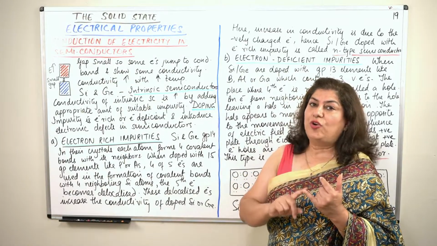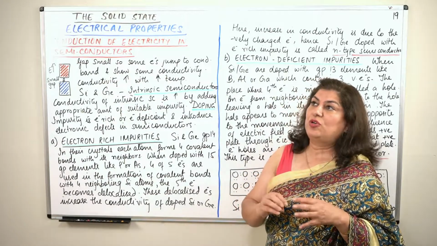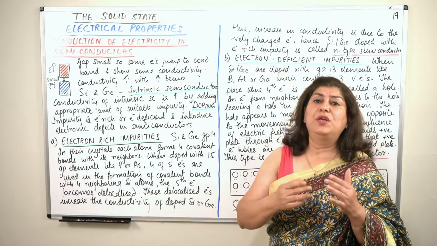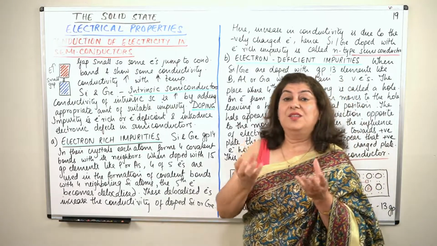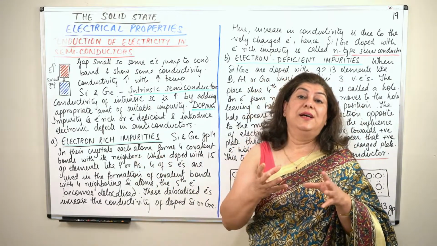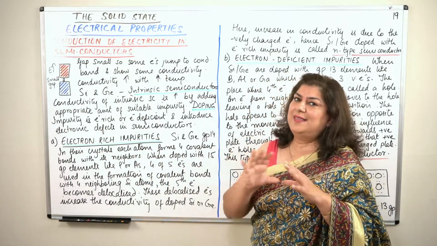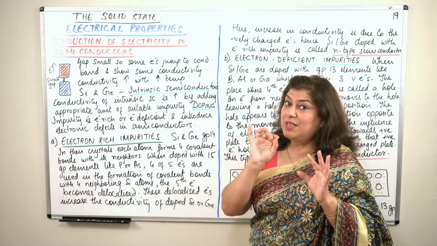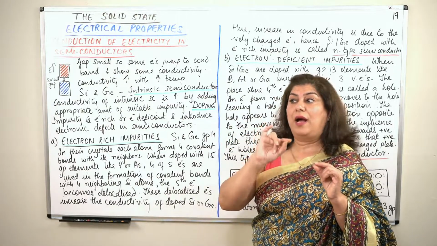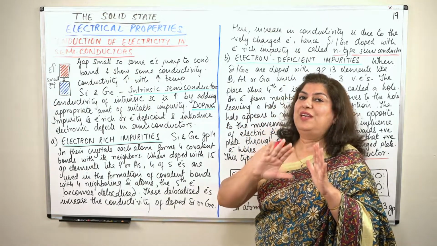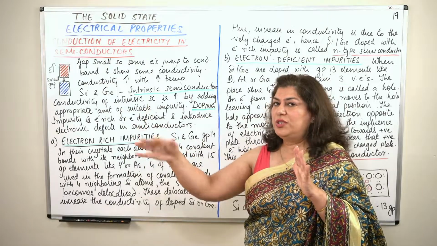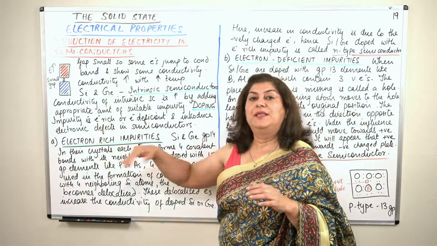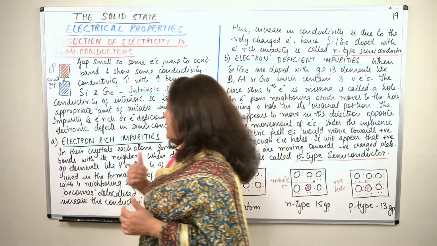It is not like stoichiometric and non-stoichiometric defects, where the stoichiometry of the elements present in the crystal is affected. In this case, the composition remains, it is of course an impurity defect, but the defect will either increase the electrons or decrease the electrons, depending on whether the impurity is electron rich or electron deficient.